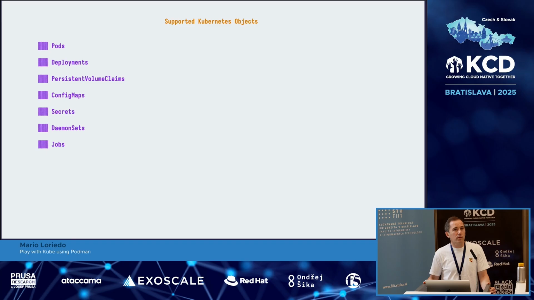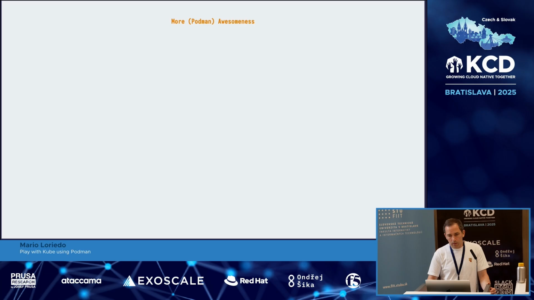If you want something that supports all the objects, you should use kind. But if you want something more lightweight, you don't need anything else other than Podman. You can use Podman kube play to test your Kubernetes objects locally. As I mentioned, this command, Podman kube play, was something that I wasn't aware of before joining the Podman team. And there are a few other interesting things in Podman that maybe are not so popular.